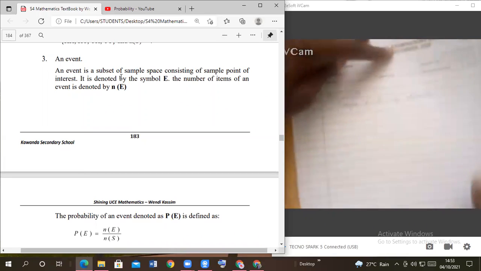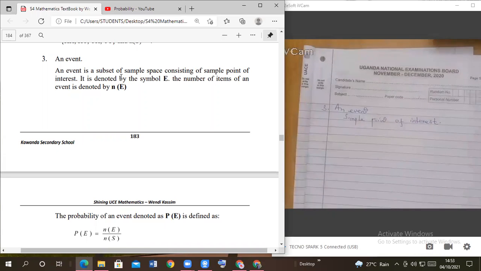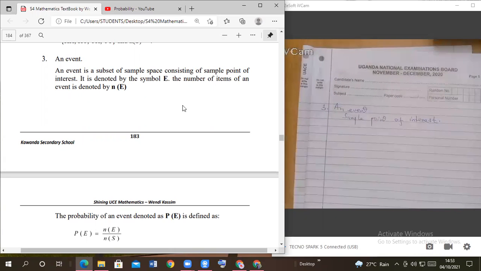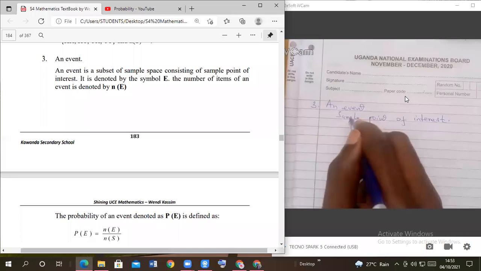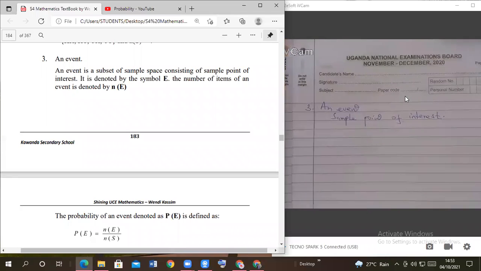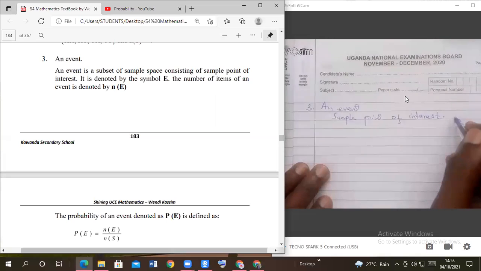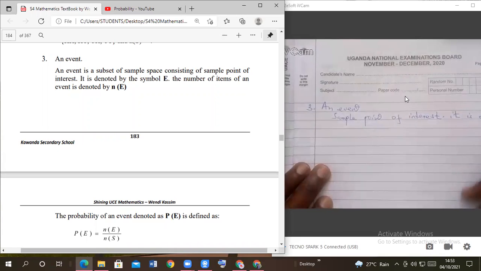Of what, members? Interest. Sample point of interest. And it is denoted by a symbol, capital what? Capital E.